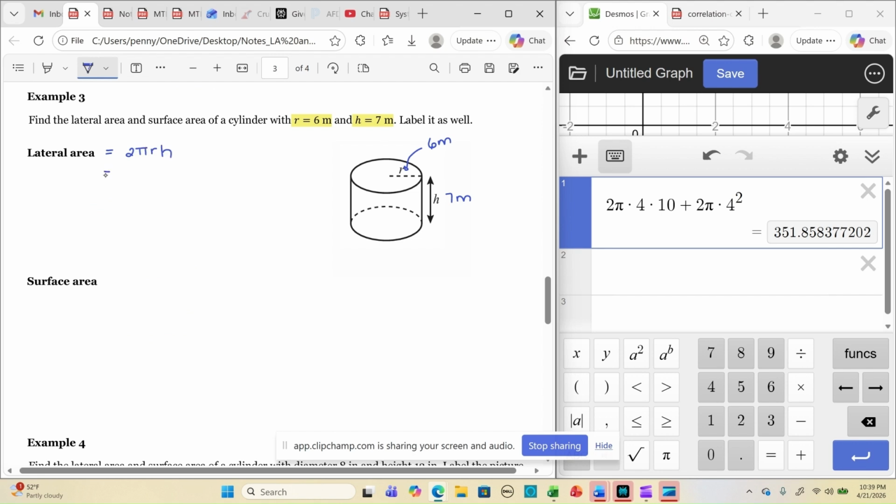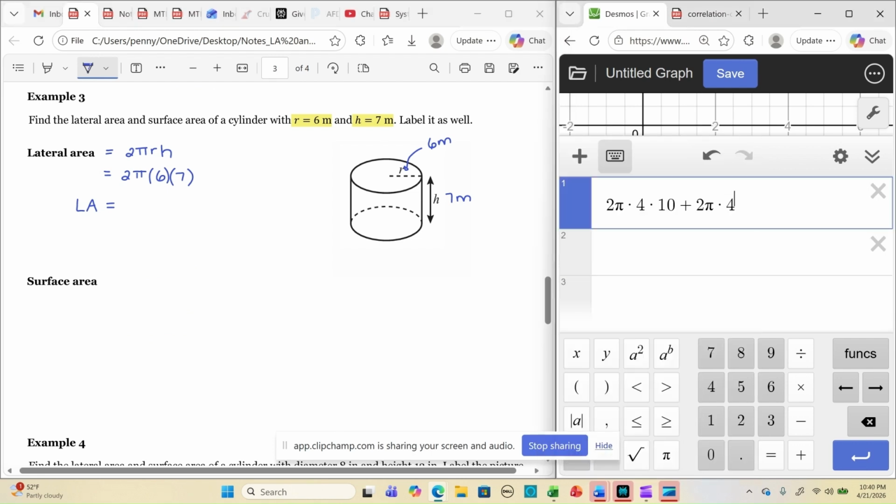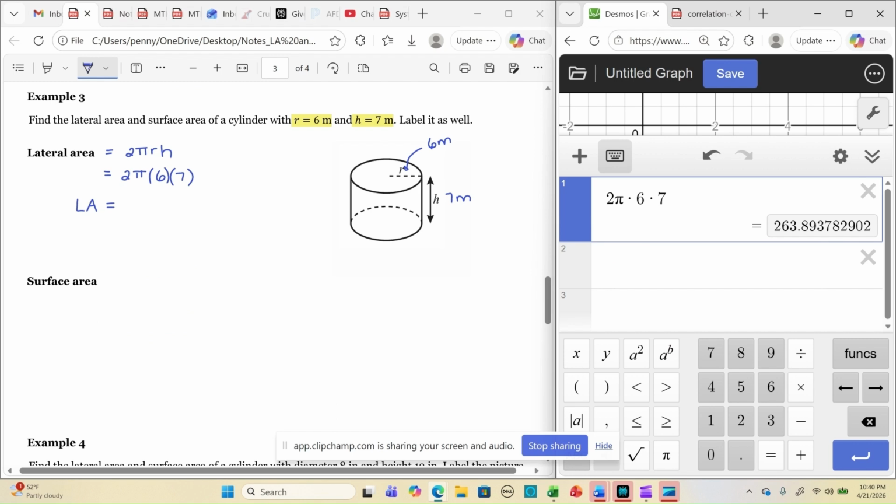So that's 2 pi times the radius of 6 times the height of 7. And then I'm going to type this into Desmos. So 2 pi times 6 times 7. All right, so I get 263.9 when we round to the 10th place.